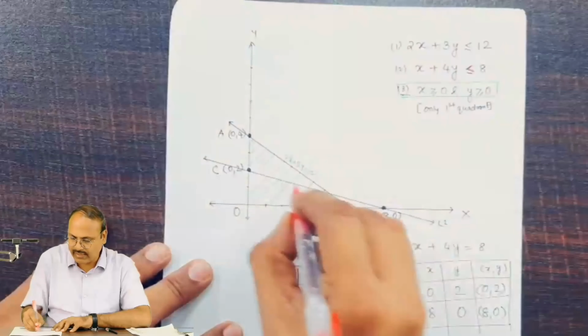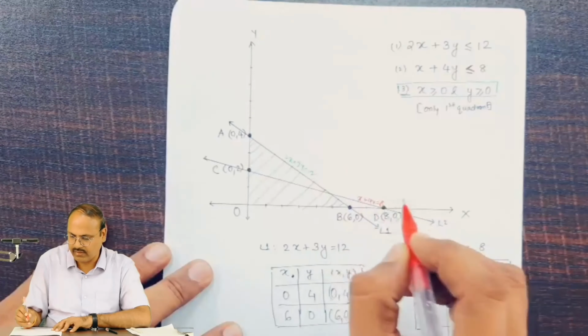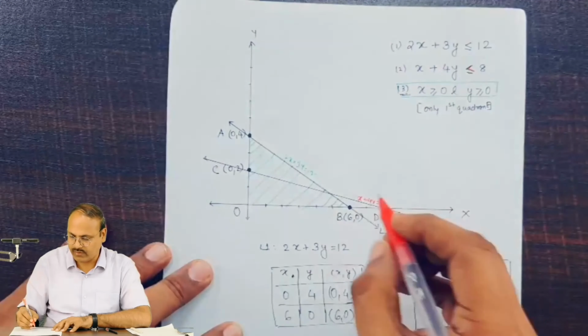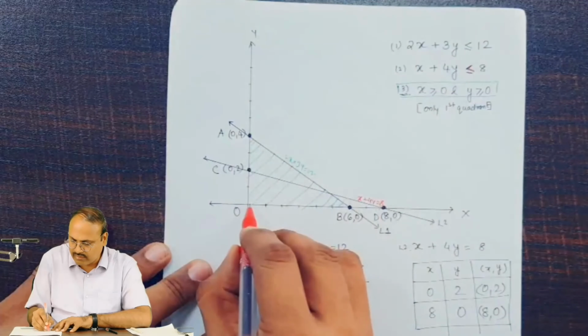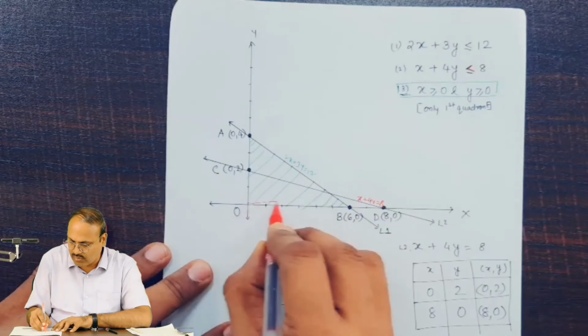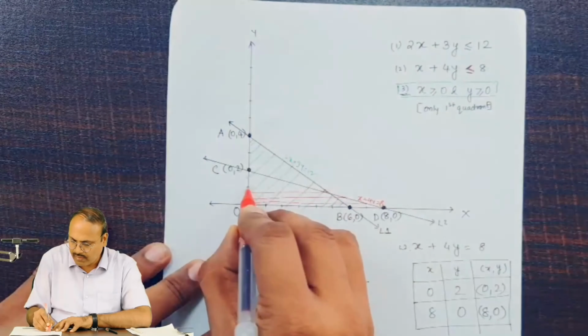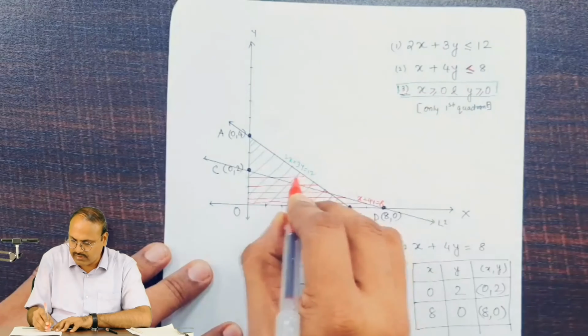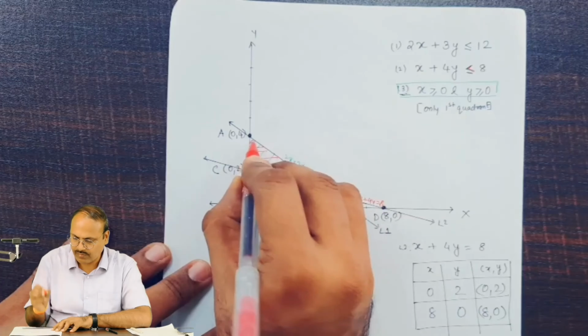This is your line L2, x plus 4y equal to 8. We want less than or equal to 8 and in the first quadrant. So this is the first quadrant, and if I draw the lines like this, this is the region below the line L2.